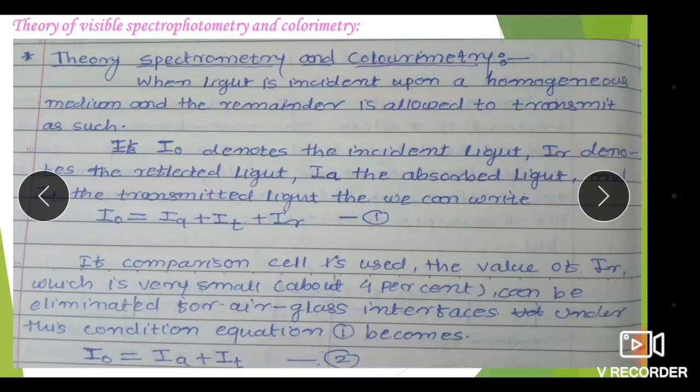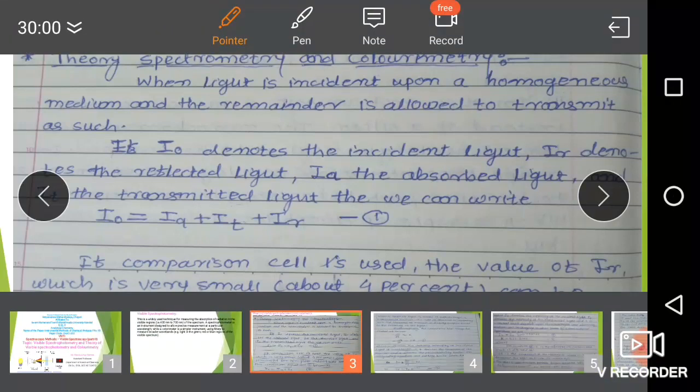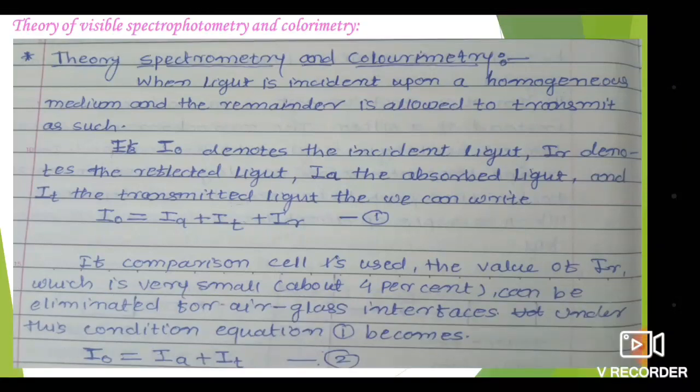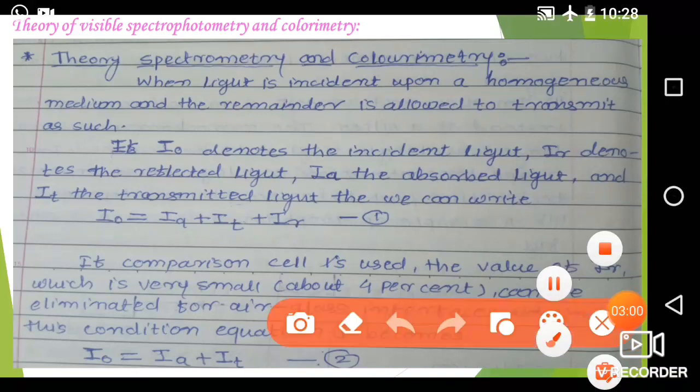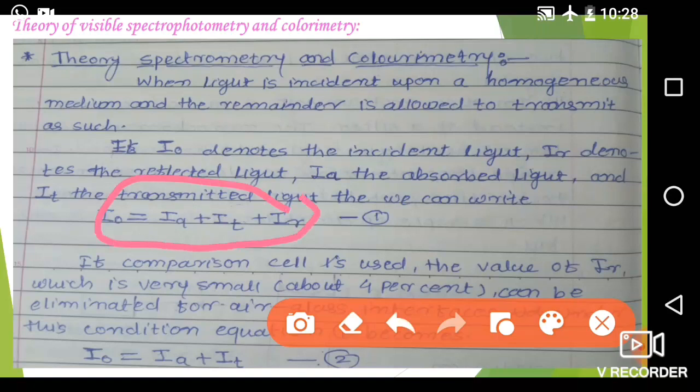Three types of processes occur when light radiation is incident on the sample, that is the homogeneous medium: absorption, transmittance and reflection.